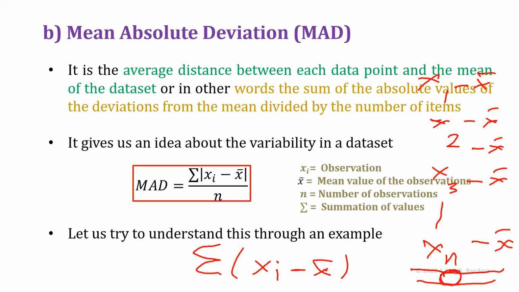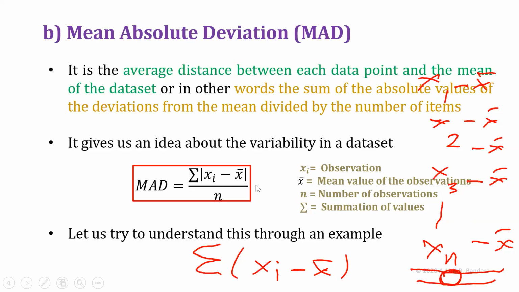So we cannot give a summary value of this deviation because for any data set it is 0. Therefore, what statisticians have suggested is to get this summation of the deviation by ignoring the sign of the deviation.